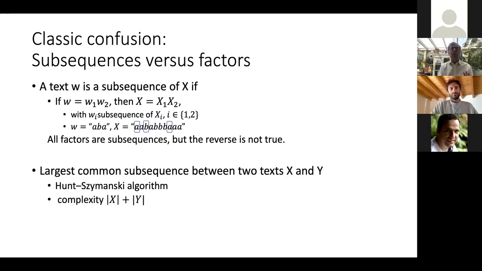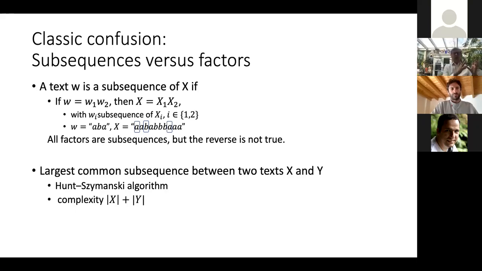And to cope with some confusion that occurs very frequently when we discuss factors in a text, you should not confuse a subsequence versus a factor. A subsequence is a sequence of symbols in increasing positions, but they can be separated by other symbols. For example, you have ABA in X. There is a subsequence ABA made of symbols which are not contiguous.